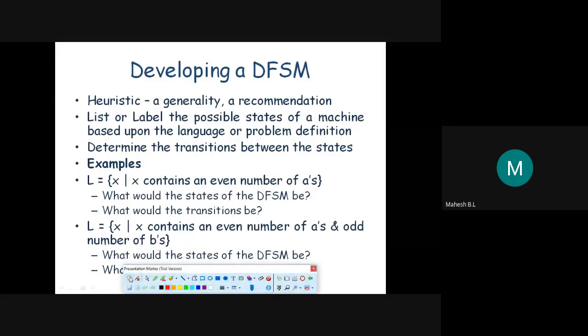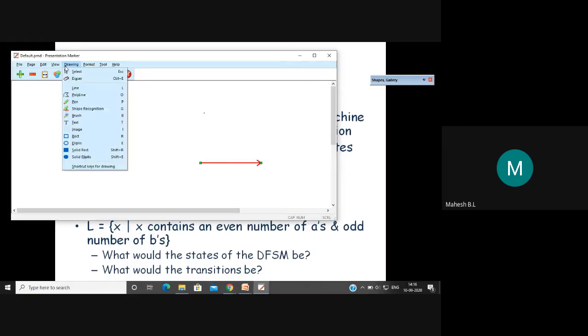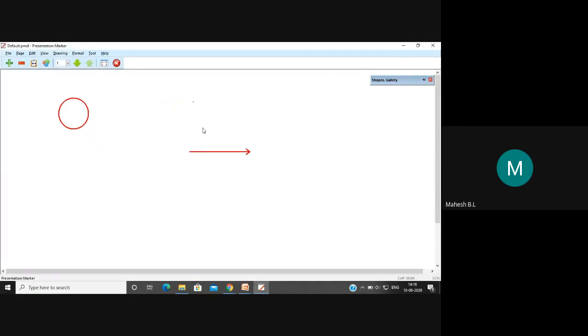Now let's design the DFSM. First, I'm going to mark 4 states, which are representing the 4 possible combinations. Now let me name these states.